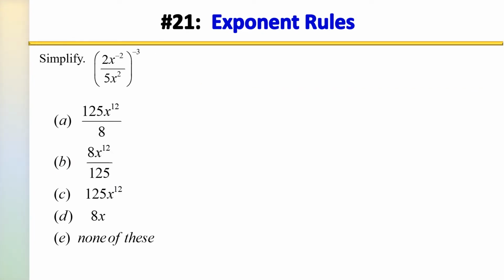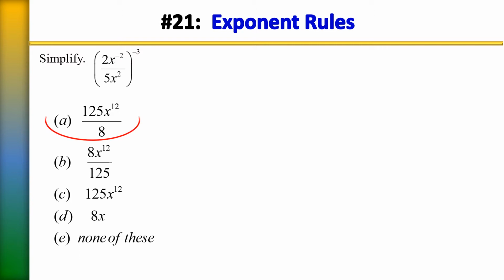Number 21, simplify. So what is the correct answer? Choice A. So here we have an expression where the entire expression is raised to the -3rd power.